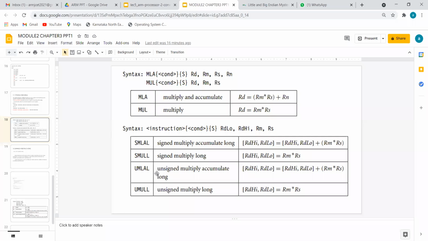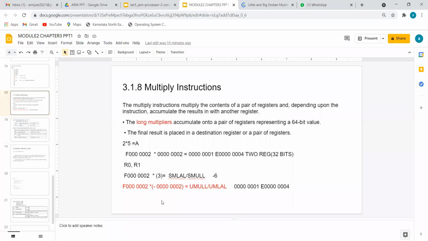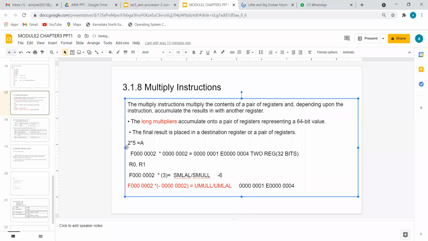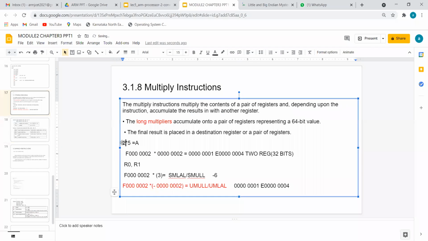I hope we saw some of the values yesterday. Simple MUL here, 2 star 5 is 10, which is A. So I have shown simple MLA and MUL. Now we are discussing long.